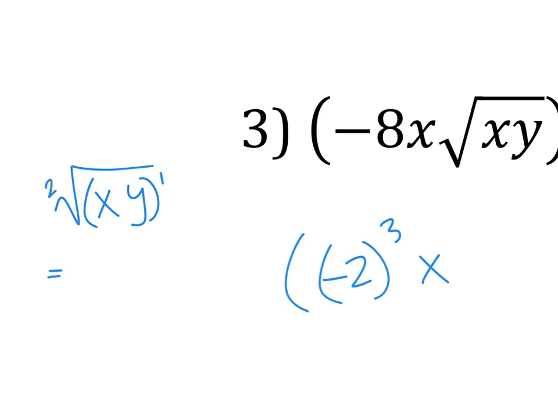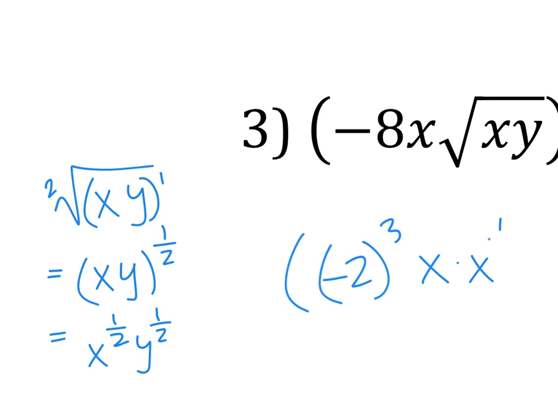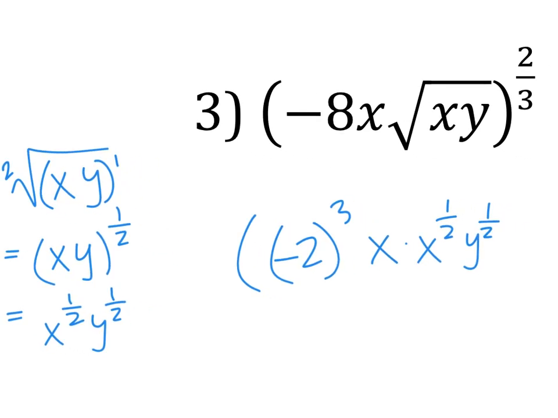How do I change this to exponential form? xy to the 1 over 2. And then what did we say about something times something to a power? Distribute, yeah. So x to the 1/2, y to the 1/2. So we're going to put that back in here. And then all of this is to the 2/3.